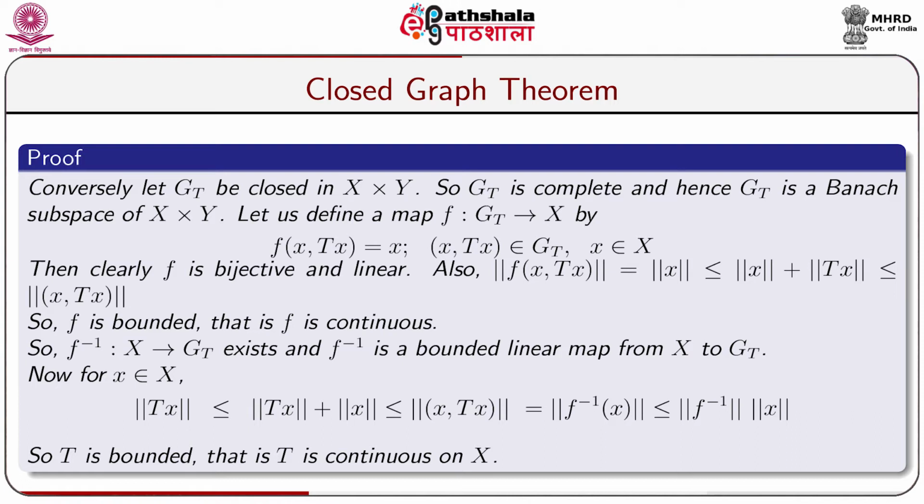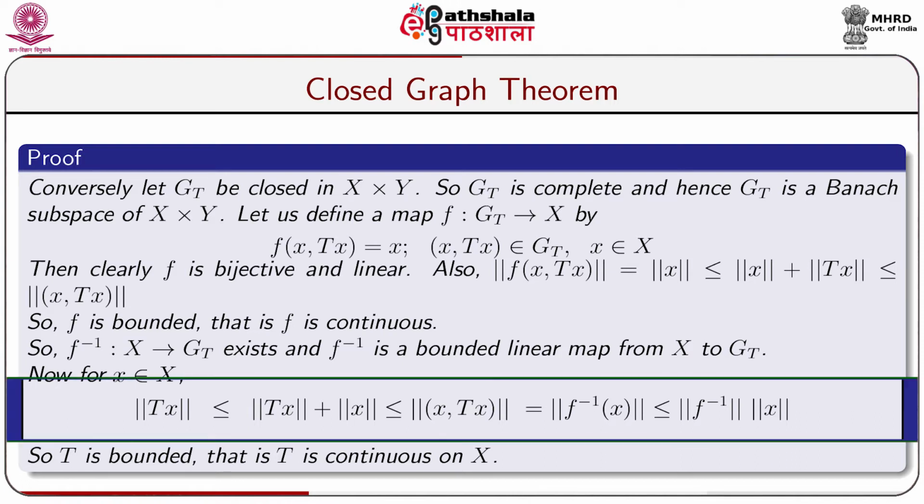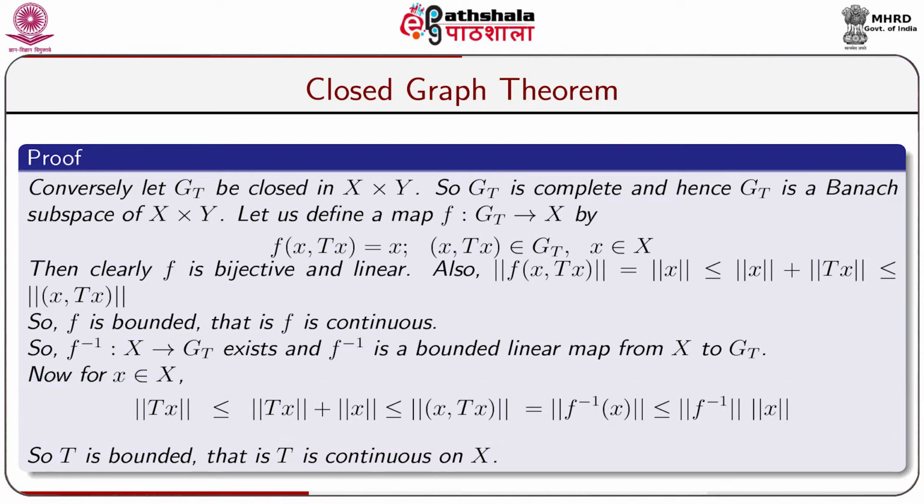Now for x belonging to capital X, norm of Tx is less or equal to norm Tx plus norm of x, because norm of x is greater or equal to 0. Thus norm of Tx plus norm of x is less or equal to norm of the pair (x, Tx), which is again equal to norm of F inverse x.